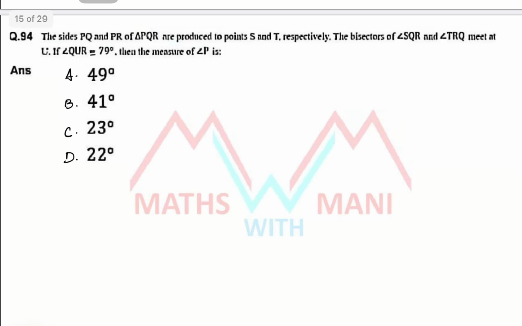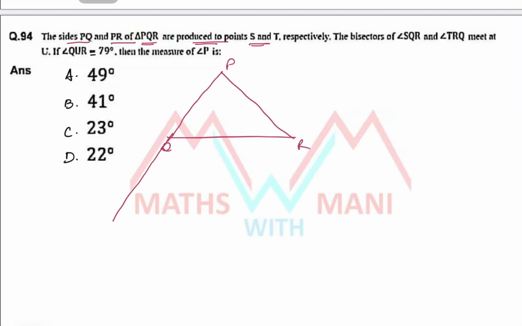Next, 94. The sides PQ and PR of triangle PQR are produced to points S and T respectively. First, suppose it is a triangle PQR. PQ is produced and PR is also produced.